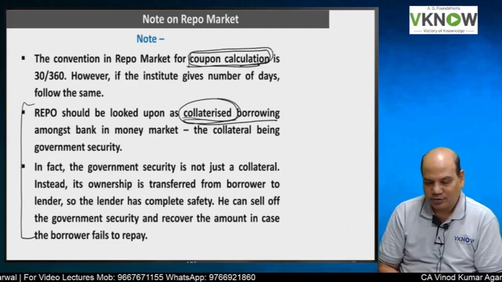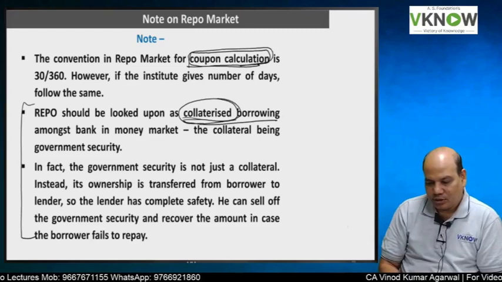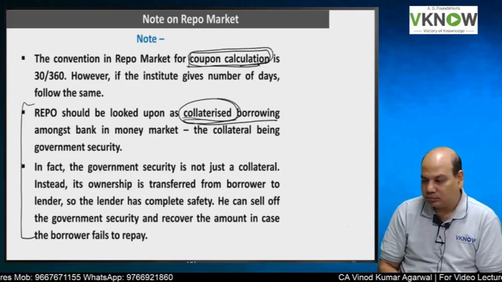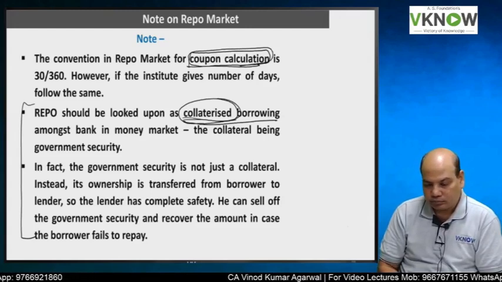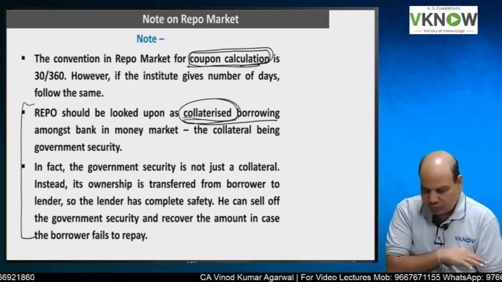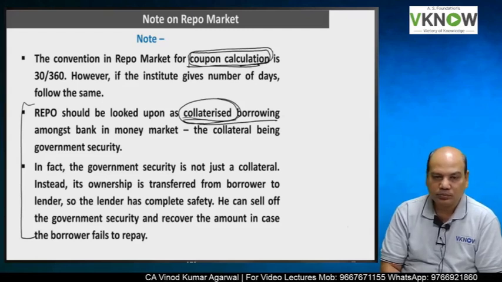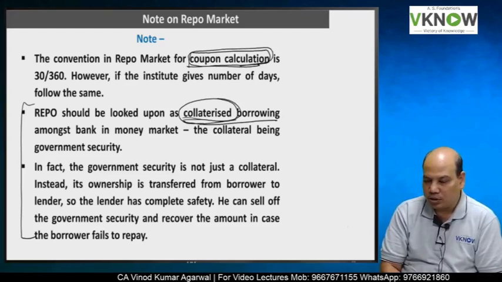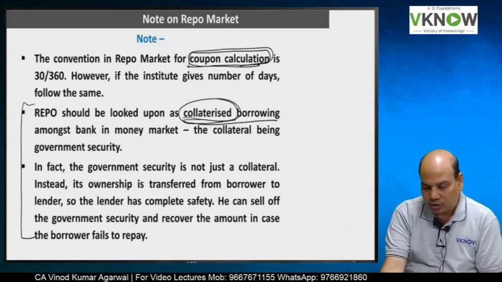So the lender has complete safety. He can sell off the government security and recover the amount in case the borrower fails to repay. So that is how this works.